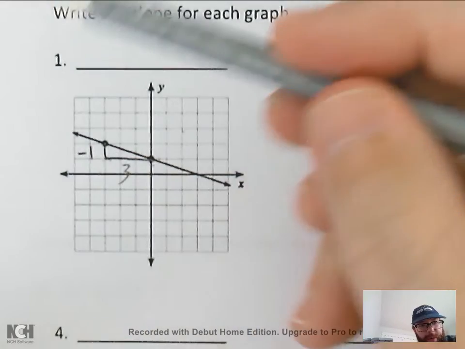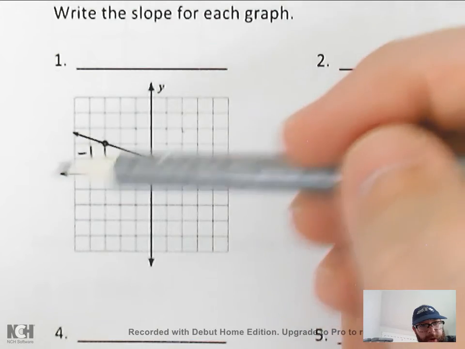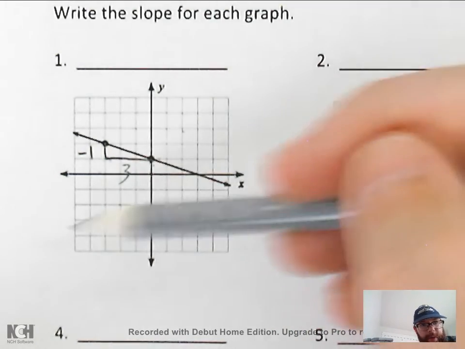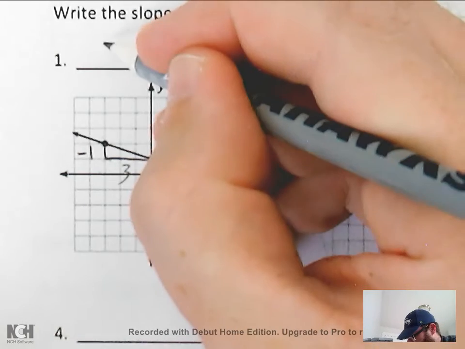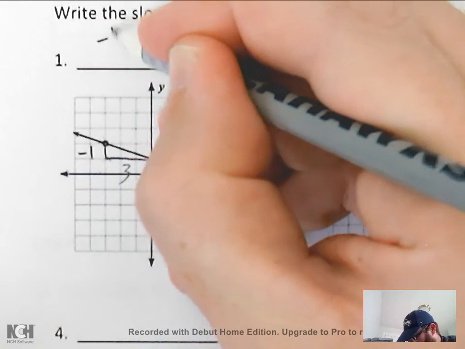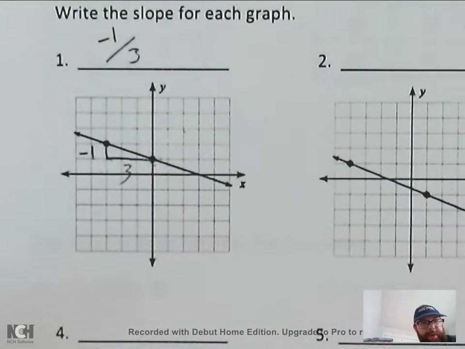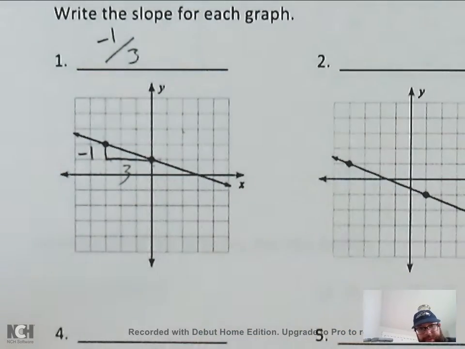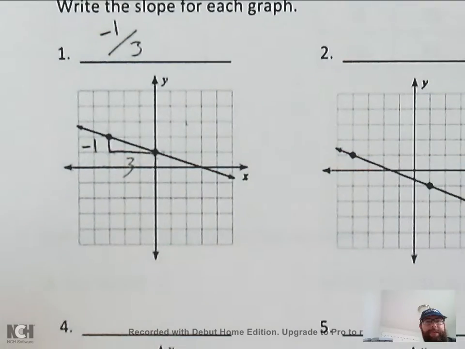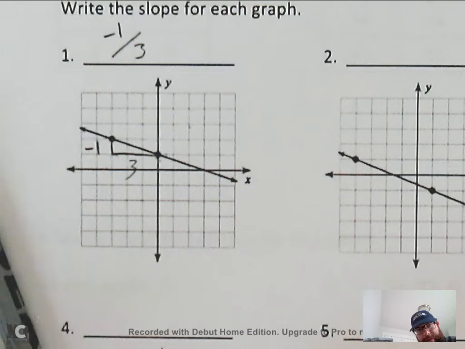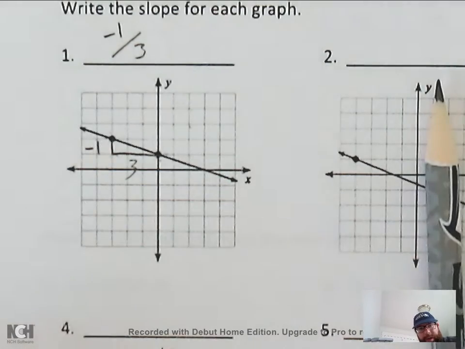And again, it's rise over run, okay? So what's happening vertically over what's happening horizontally? It's going down 1, so negative 1 over 3. And that would be your slope, okay? That's a negative slope. It's going nice negative, going downhill, right? Because we always read graphs from left to right, just like we read a book.